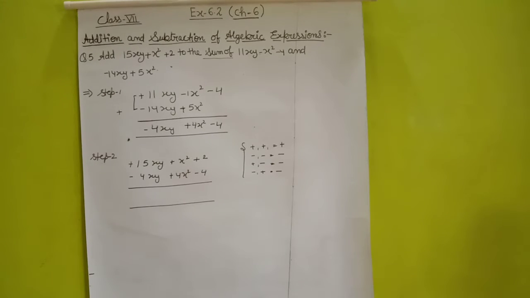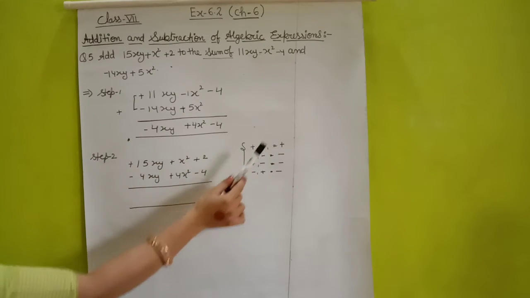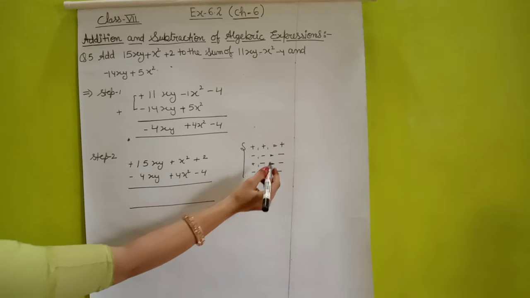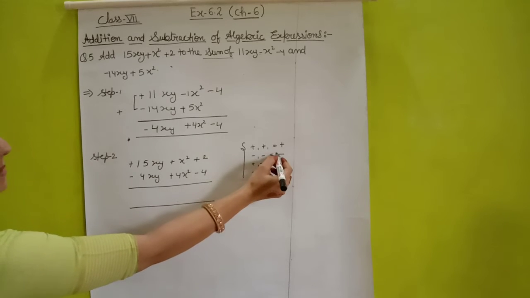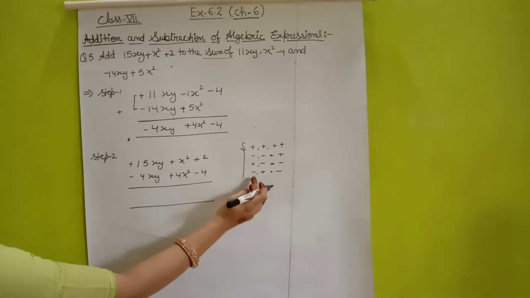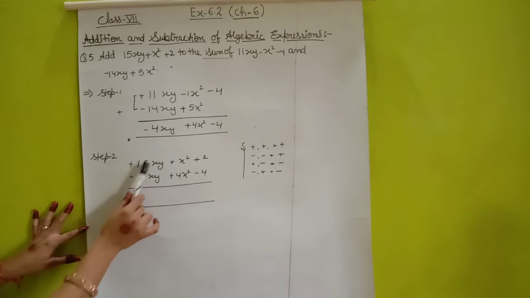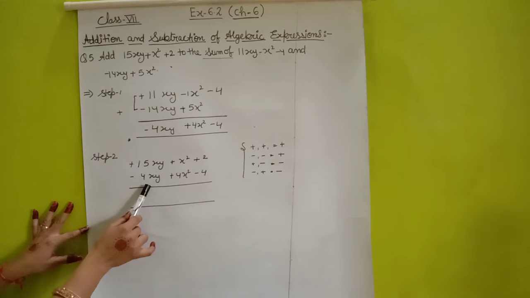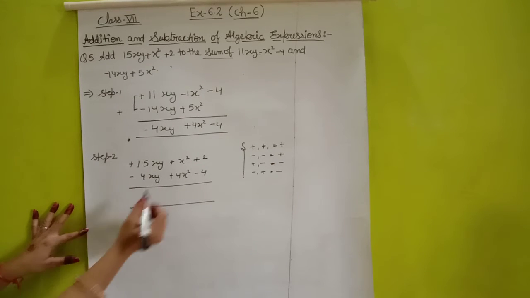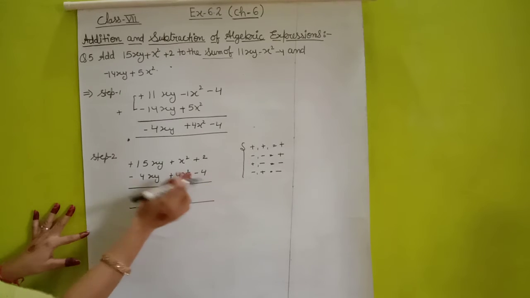Students, for your convenience, I have written these 4 rules here. Plus plus will be plus, minus minus will be plus, plus minus will be minus, and minus plus will be minus. Now we are to add these two again. I have written them in the column method. This is plus 2 and minus 4. Plus minus will be minus.